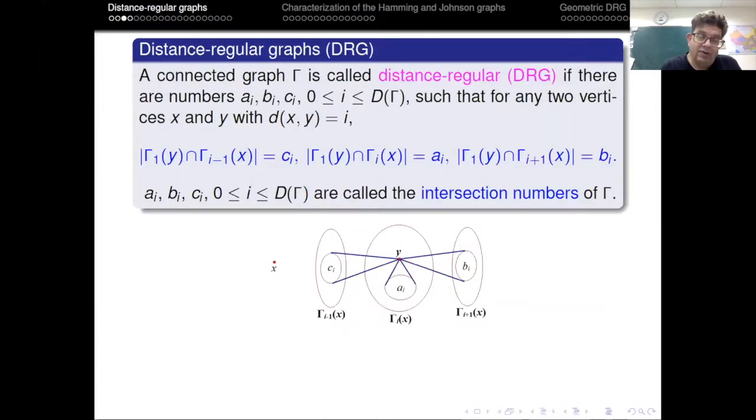Now a connected graph gamma is called distance regular, or DRG. I usually write DRG instead of distance regular.